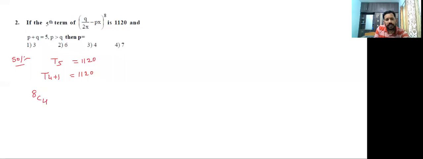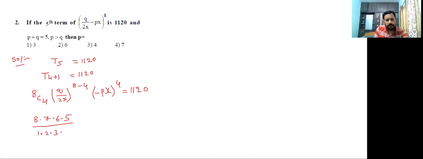8C4 (q by 2x) whole power 8 minus 4 into (minus px) whole power 4, that is equal to 1120. 8C4 means what? 8, 7, 6, 5 by 1, 2, 3, 4.